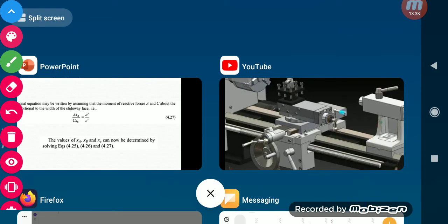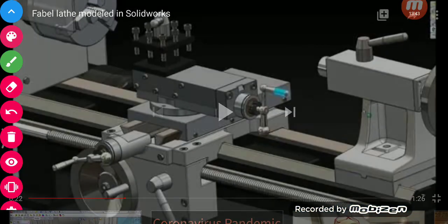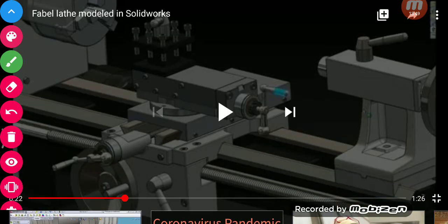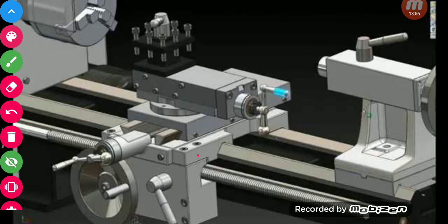So let us look into the diagram here. What we are saying here is, suppose you've got A and the distance from the center is Xa, and similarly you have got C and the distance from the center is Xc.